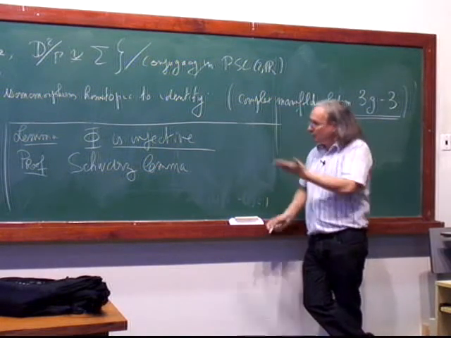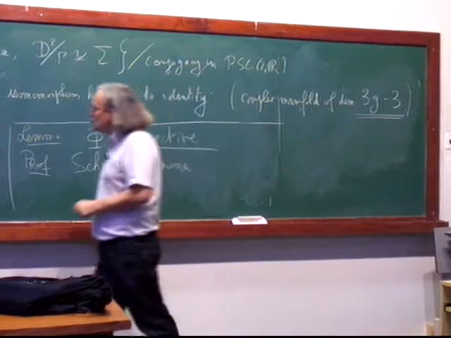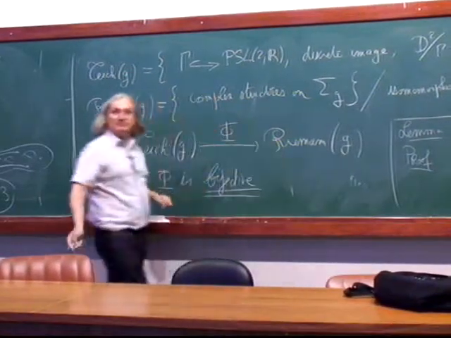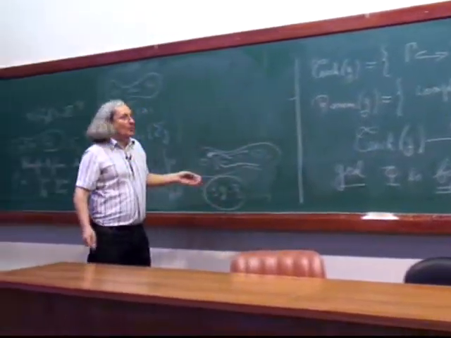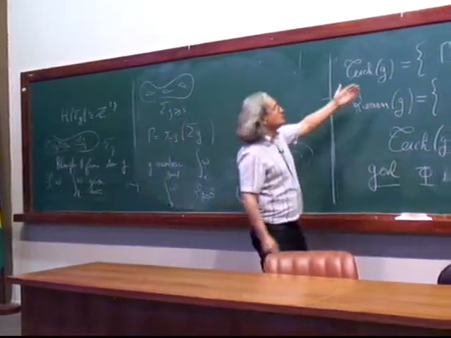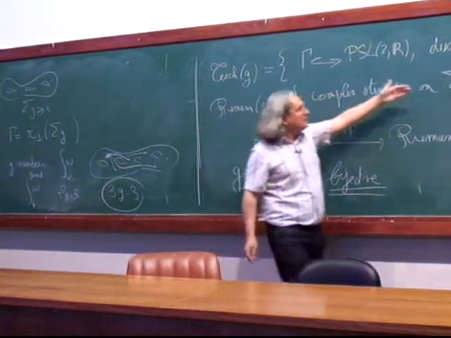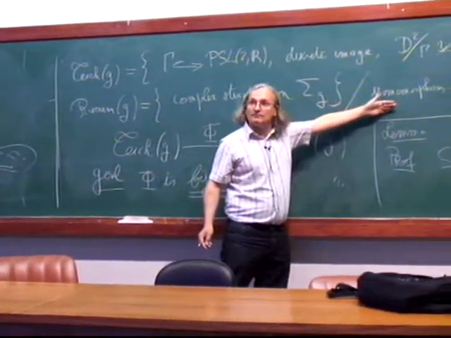And why is it so? Well, what does it mean that two points here have the same image? That would mean that you have two groups leading to the same Riemann surface.